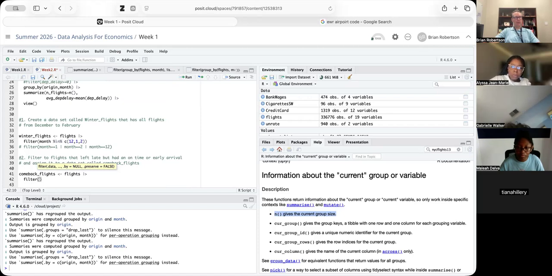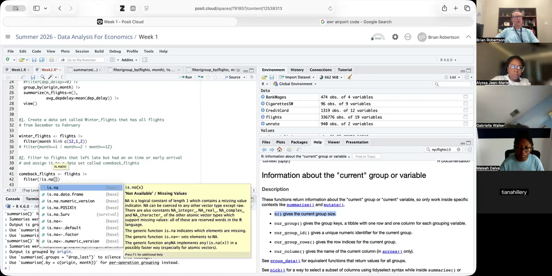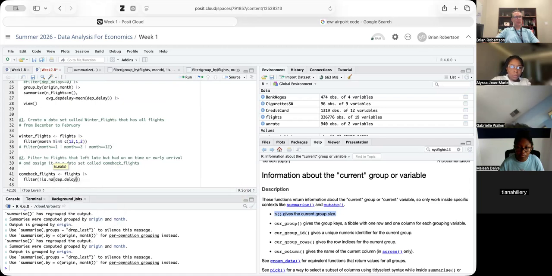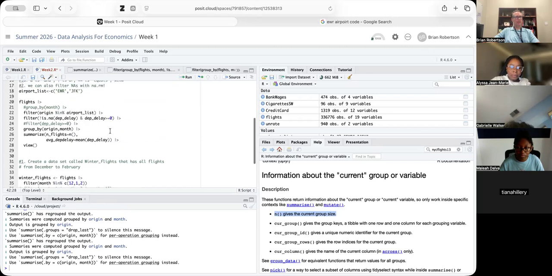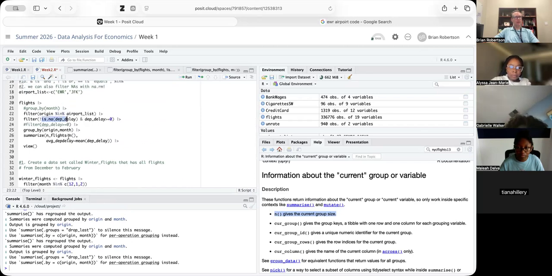Okay, so I want flights that left, right? So I don't want those flights that got canceled. So I need to filter out is.na on departure delay, kind of what we did up here. Get rid of all those NAs.